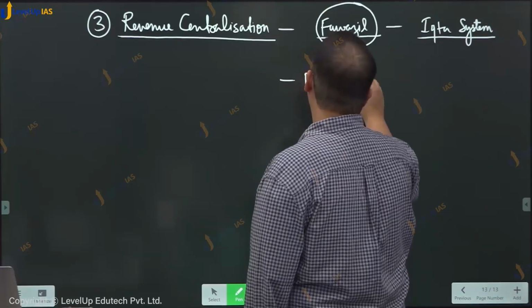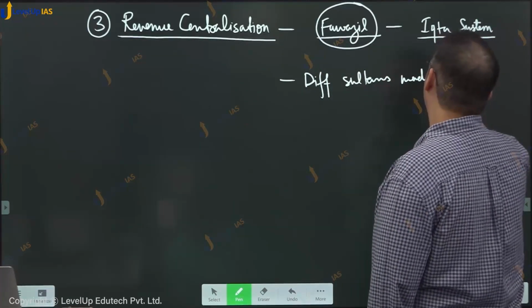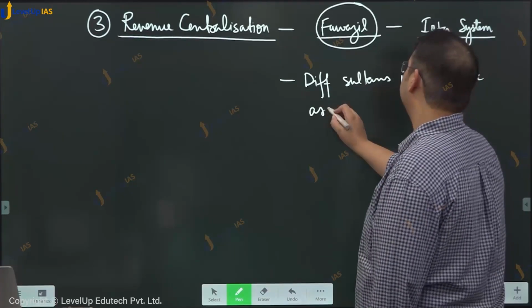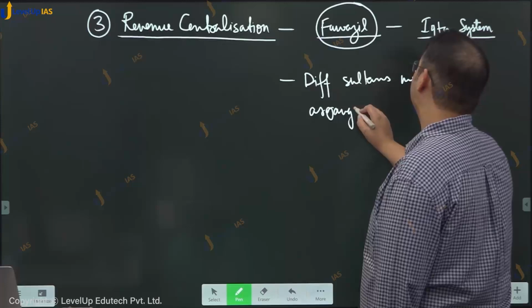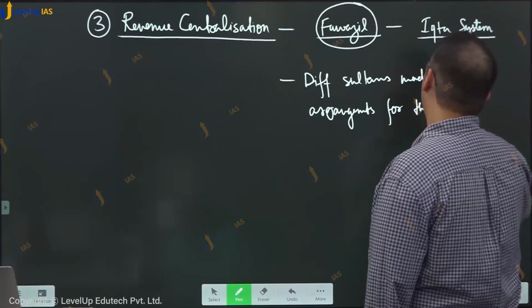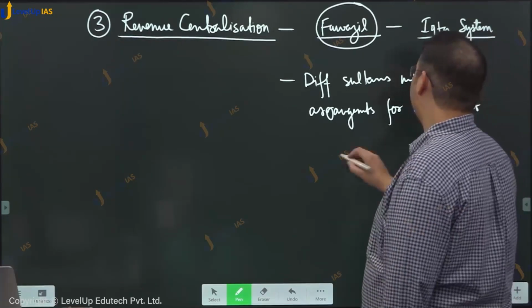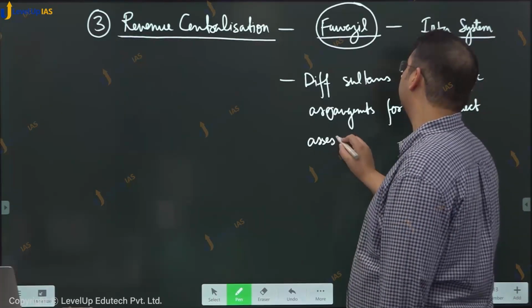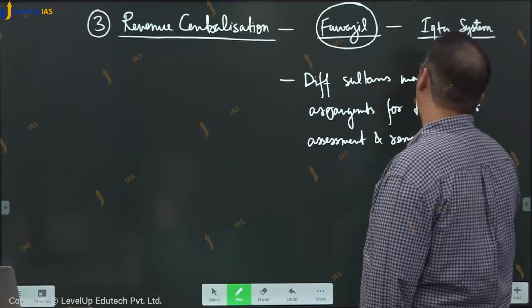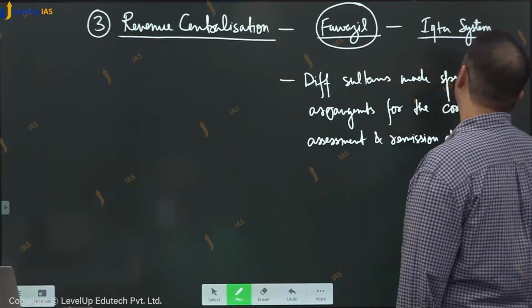different sultans made specific arrangements for the correct assessment and remission of fawazil.